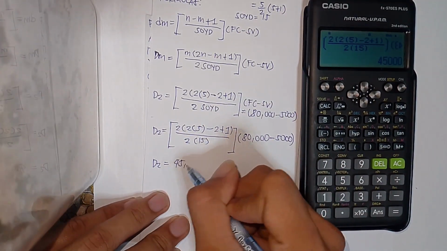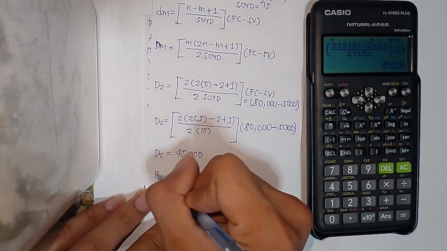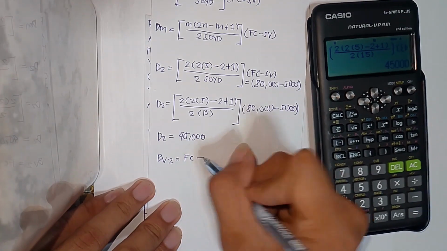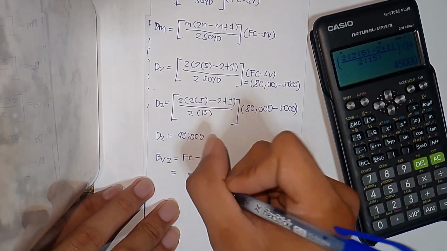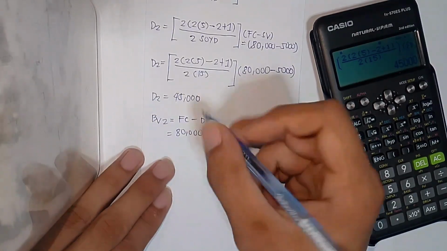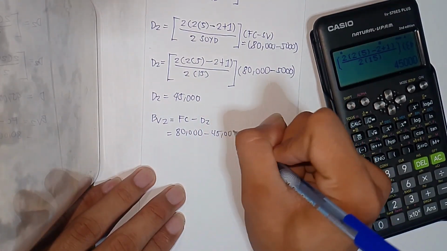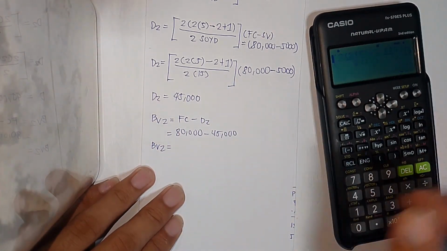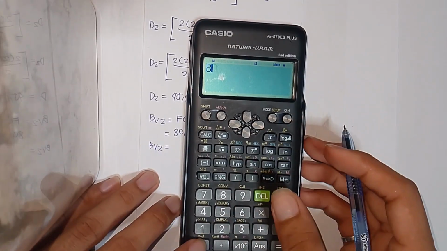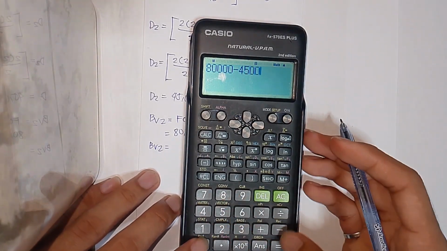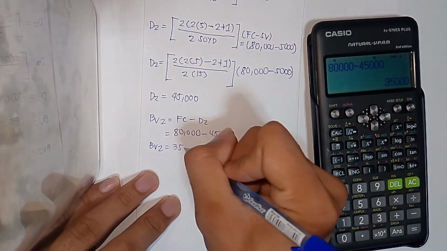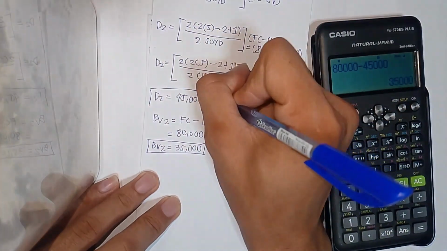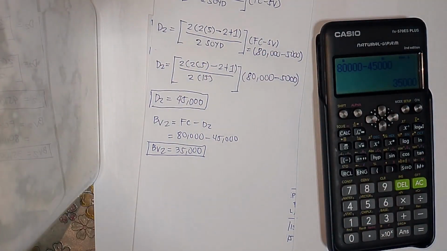D2 is equal to 45,000. To get the book value at the end of second year, you need to subtract from the first cost D2, which is 80,000 minus 45,000. BV2 is equal to 80,000 minus 45,000, which is 35,000. So this is our D2 and book value for second year.